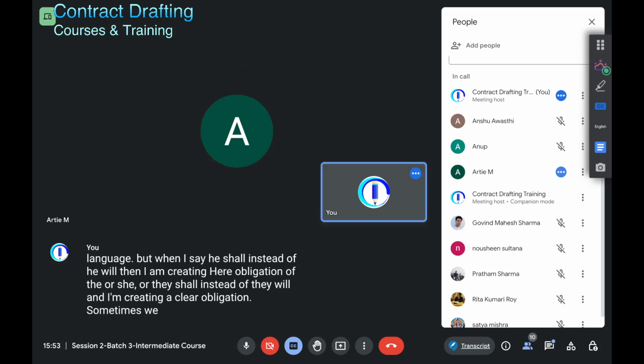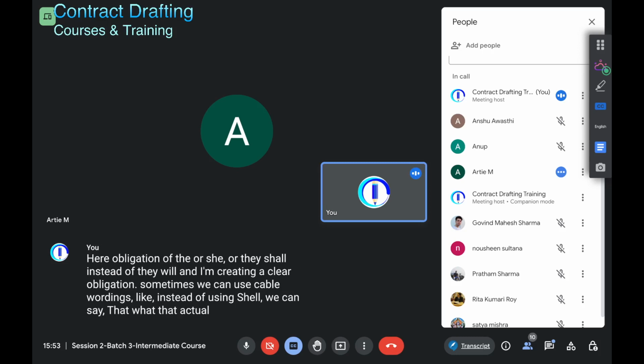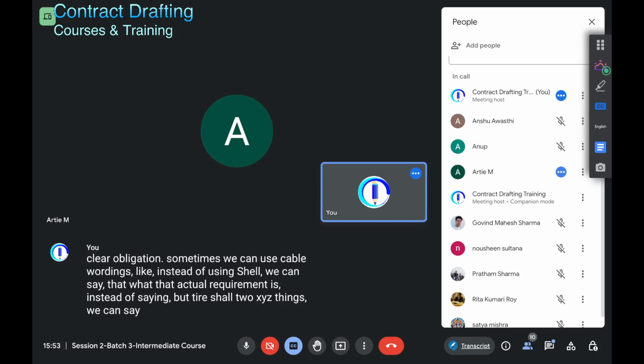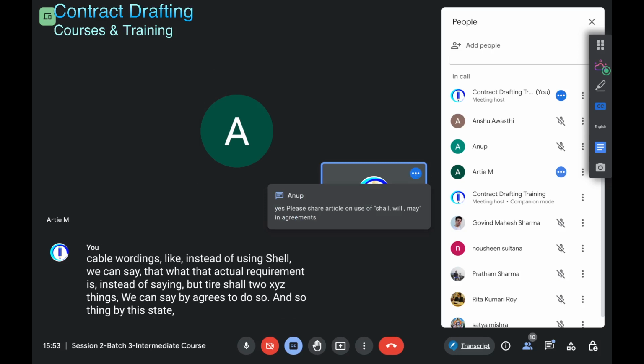Instead of using shall, we can state what the actual requirement is. So instead of saying "buyer shall do XYZ things", we can say "buyer agrees to do so and so thing by this date". Or we can remove the subject and object in impersonal mode.